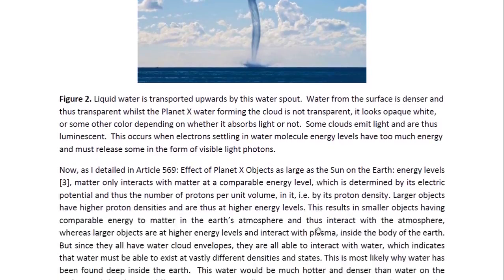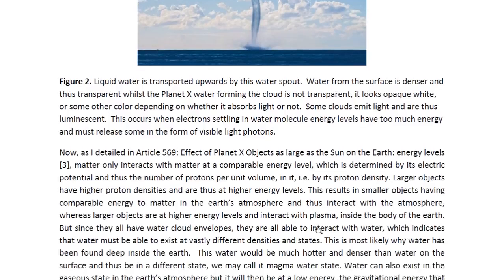Now, as I detailed in Article 569 entitled Effect of Planet X Objects as Large as the Sun on the Earth Energy Levels, matter only interacts with matter at a comparable energy level, which is determined by its electric potential and thus the number of protons per unit volume in it. In other words, by its proton density.